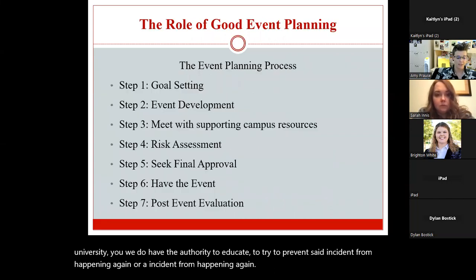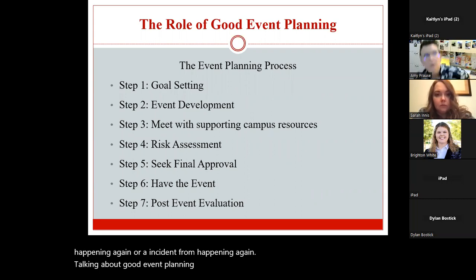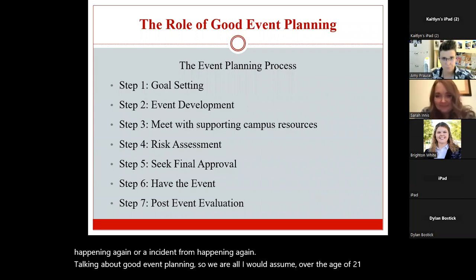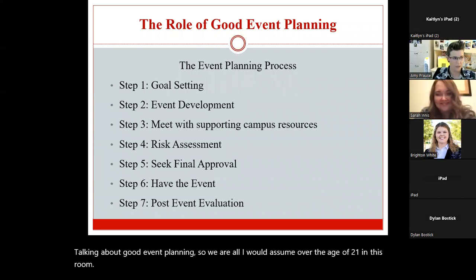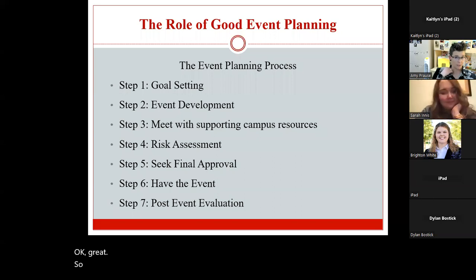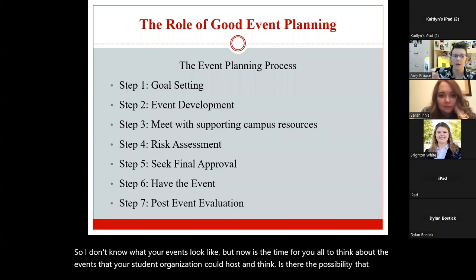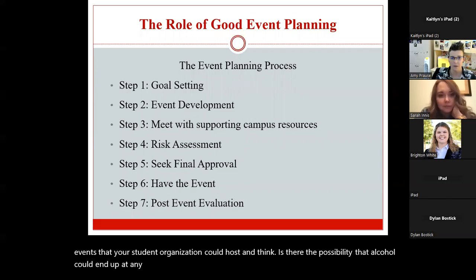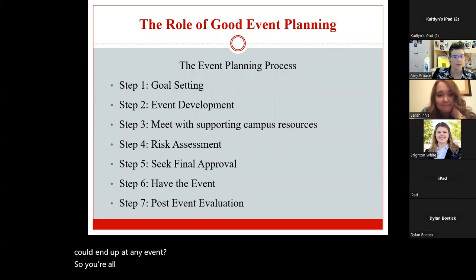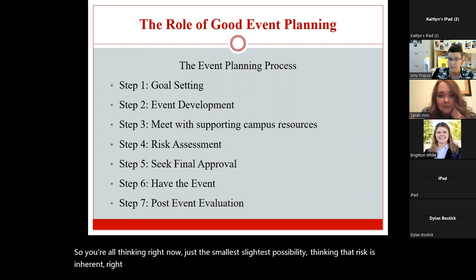Now, talking about good event planning. We are all, I would assume, over the age of 21 in this room. Okay, great. So I don't know what your events look like, but now is the time to think about the events that your student organization could host and think: is there the possibility that alcohol could end up at any event? Think about the smallest, slightest possibility, because risk is inherent, whether it's an alcohol-free event or not.